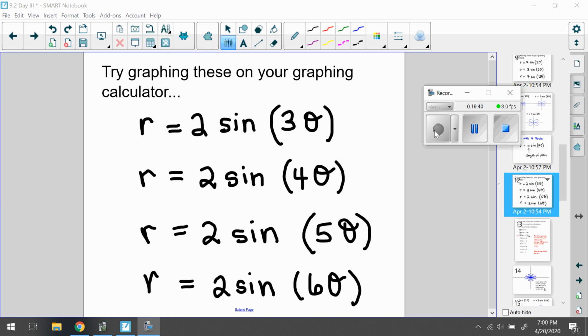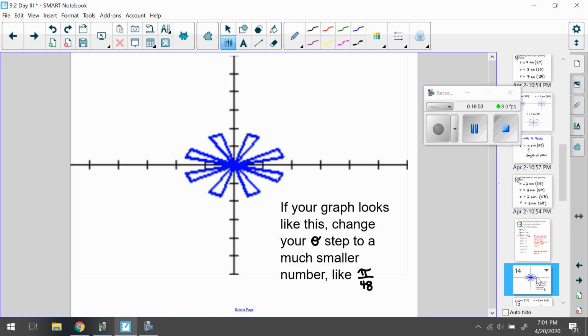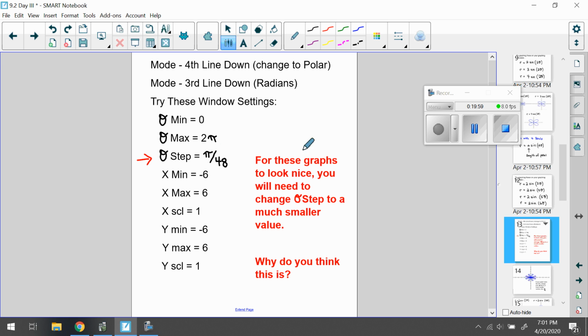One thing I should warn you of, maybe I should have done this in case you already paused the video and found out on your own, but there is a setting in your window that you might want to change to give you better results. If you tried graphing some of these and you got a picture that looks more like a fan and less like a rose, go to your window setting and go to theta step.